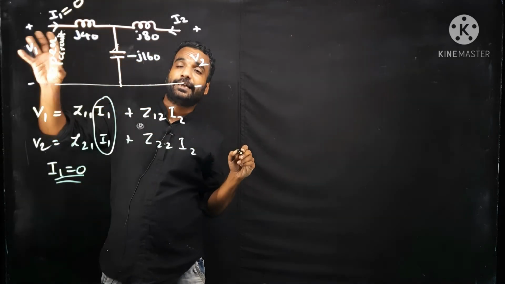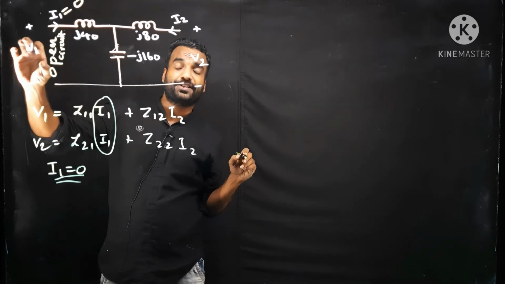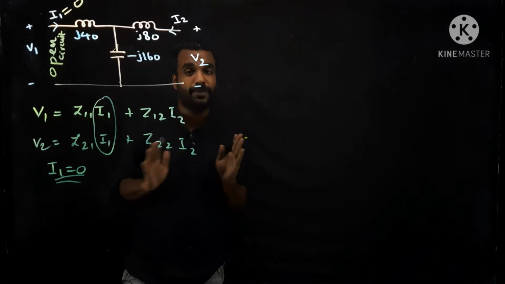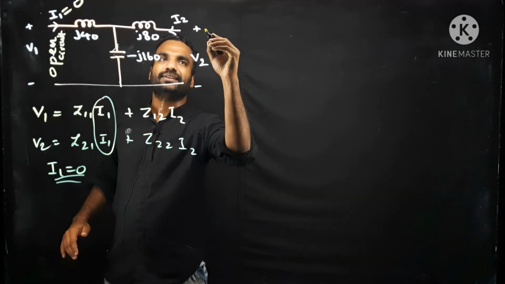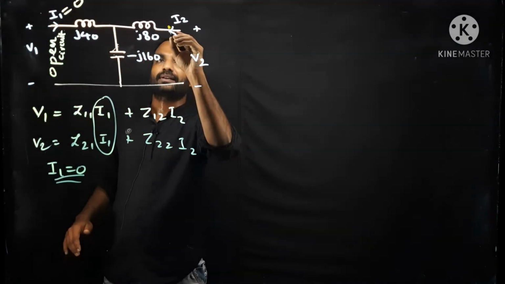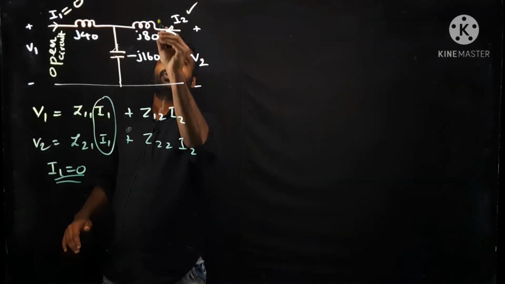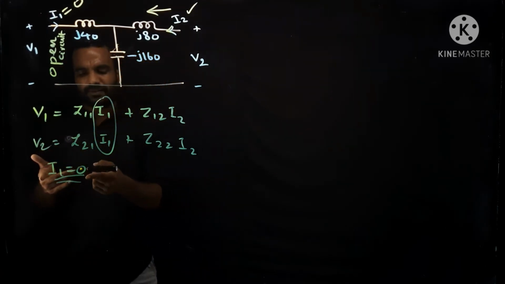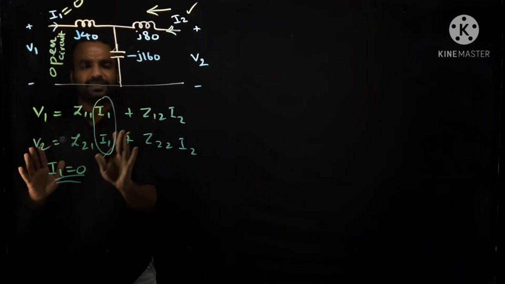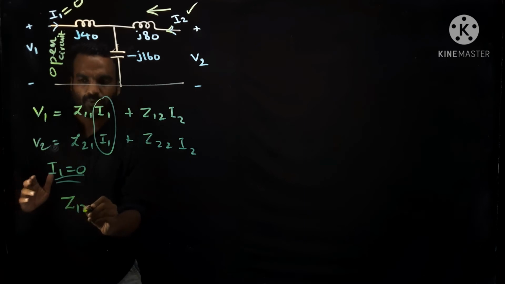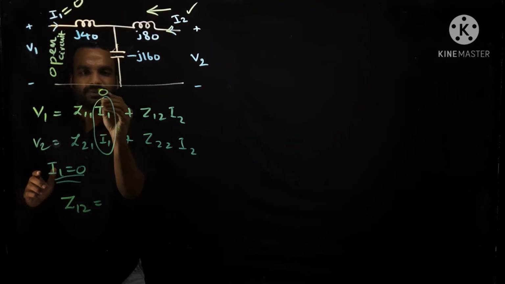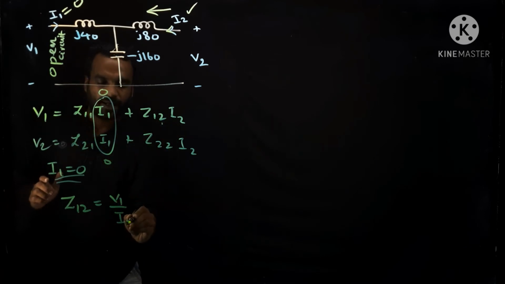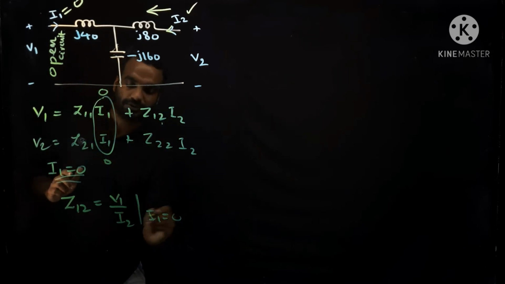But keep in mind we will have some voltage here, V1 will be here. Even though in open circuit a voltage is present, the current will be 0. And we are connecting a source here, plus minus V2, and it will inject a current I2 towards the circuit. Then mathematically in this condition we can find Z12, this term will become 0, so Z12 is equal to V1 by I2 at I1 equal to 0.